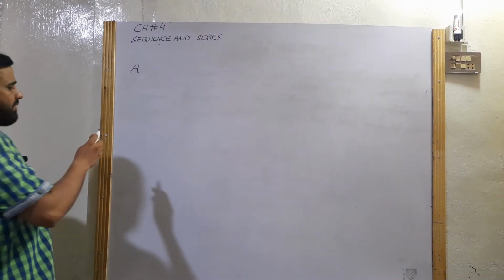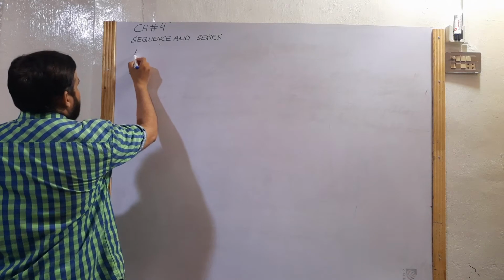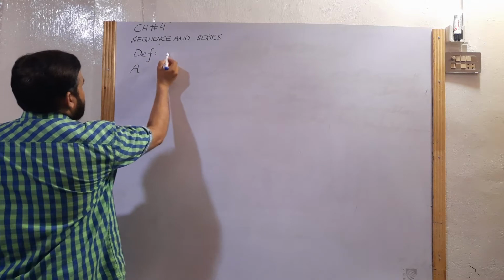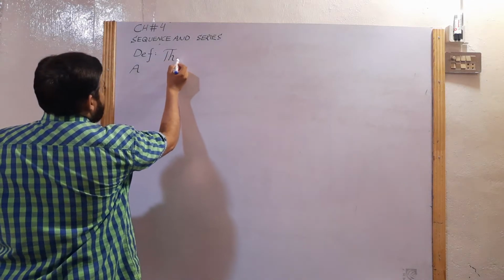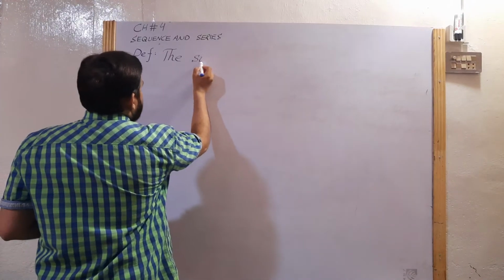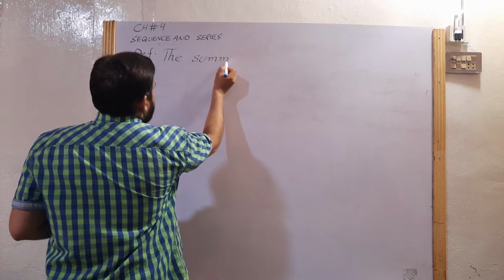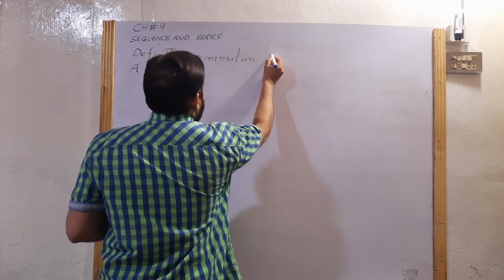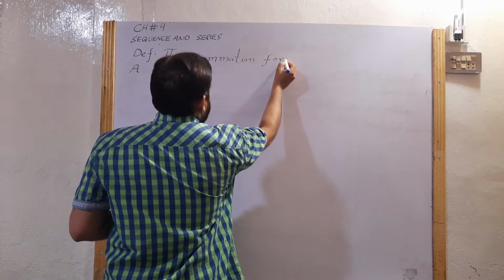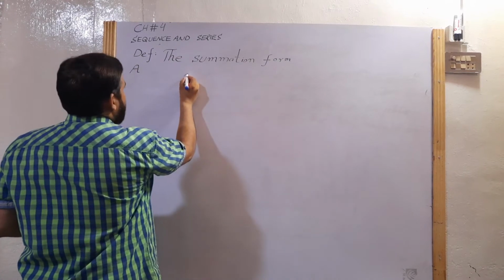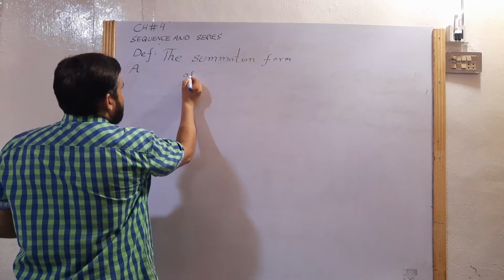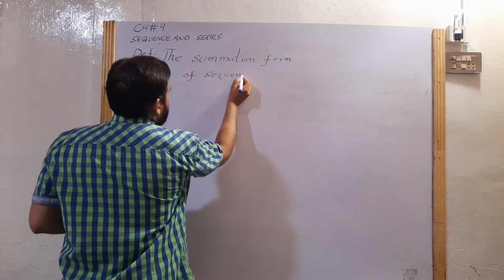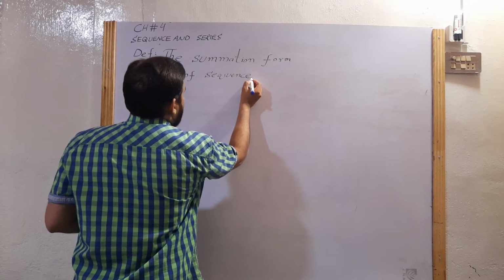What is a series? The simple definition of a series, in simple words, is the summation form of a sequence or progression.